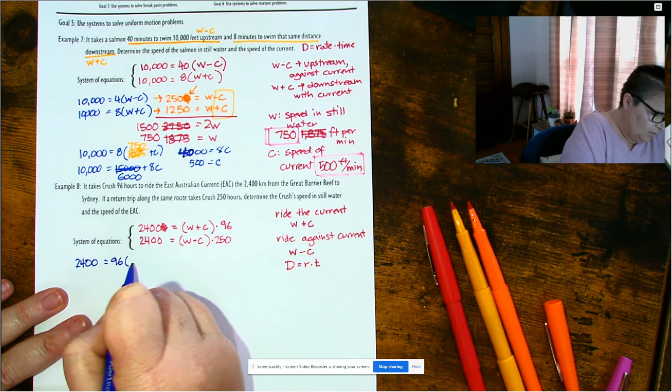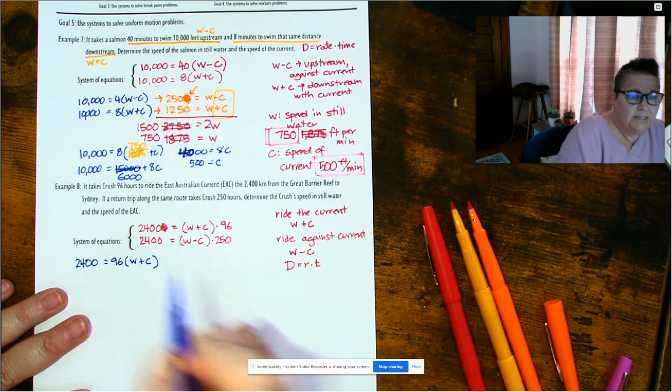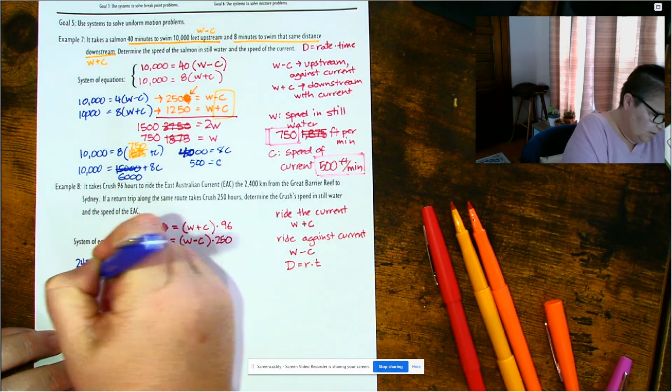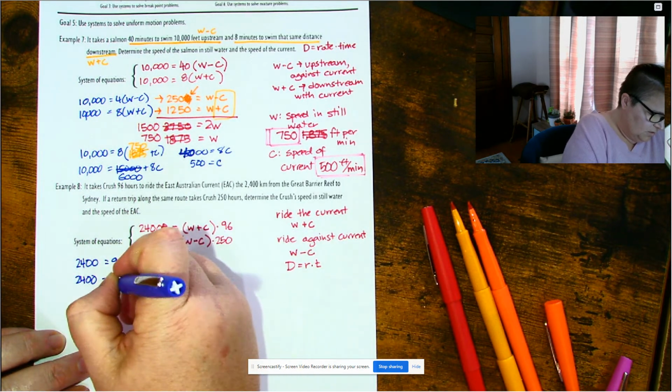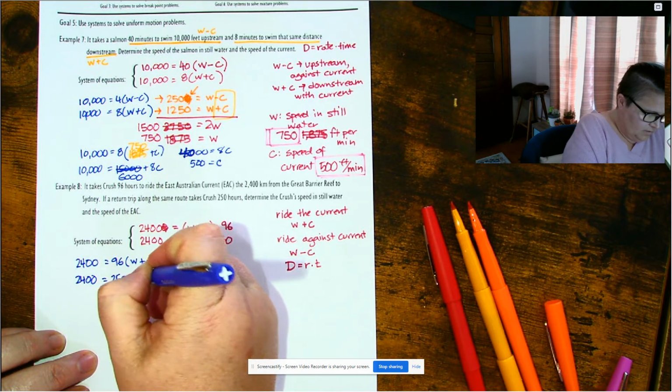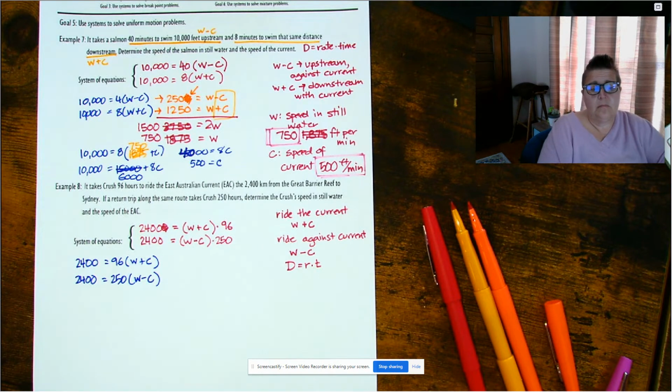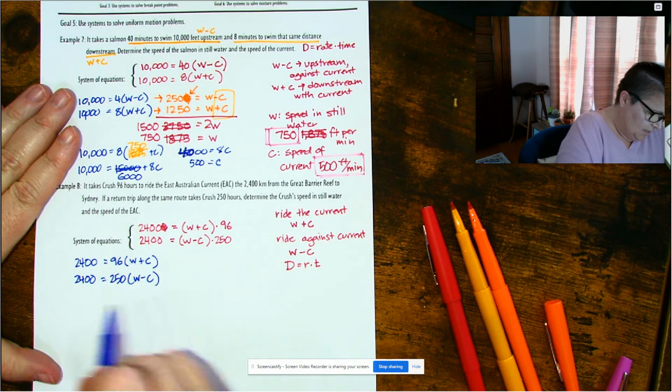I'm going to move it around because I'm more comfortable with that 96 in front, and that's fine. And 2,400 is going to equal 250 times the W minus C. Okay. I'm going to do this one the distribution way, the way that I suspect many of you would do it, and that is to distribute that 96.